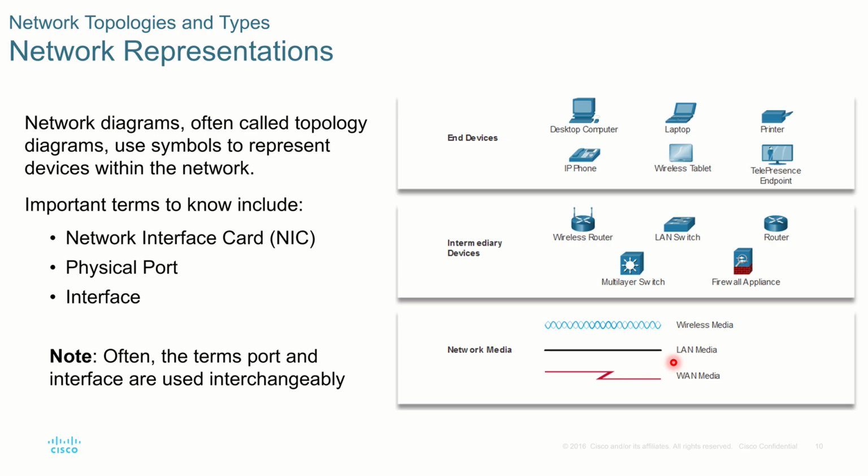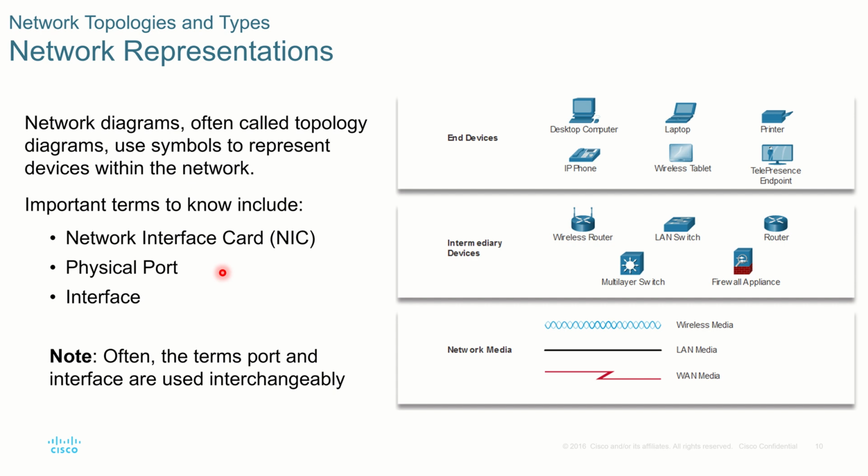So the important networking terms that you need to know start with the NIC. NIC is the network card which is used to connect a device to the network. Each of the devices, the networking device or end device, will have a network card that is identified uniquely using the NIC ID.